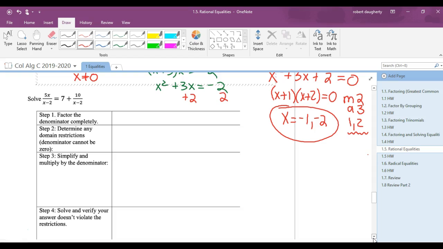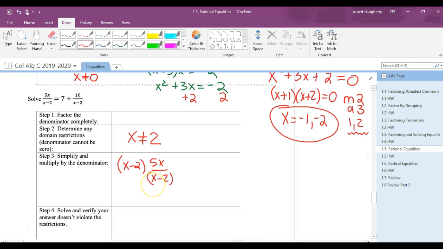This denominator is factored. I don't have to worry about that. What's the restriction here? X cannot be equal to what? 2. Okay. That would have me dividing by 0. Now I've got to multiply everything in that equation by what? By x minus 2. So I'm going to have (x minus 2) times 5x over x minus 2.